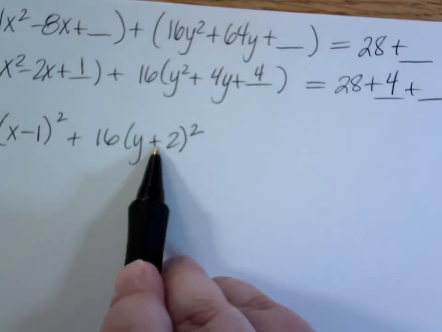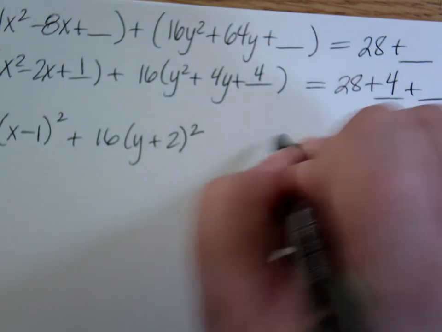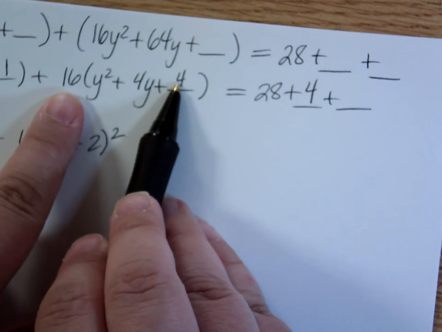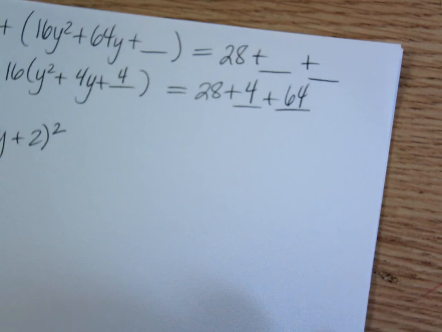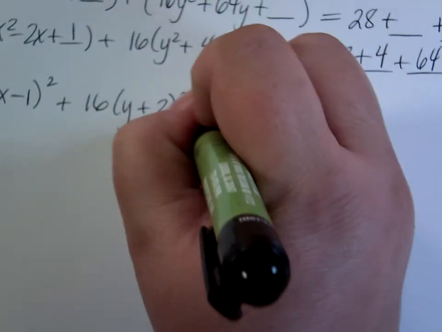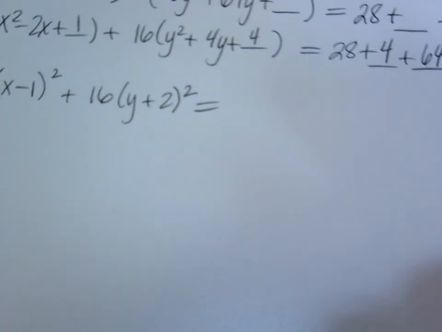Remember that this number is going to have the same sign as the b term did. And since I added a 4 here, that really was adding a 16 times 4, which is a 64 to the left-hand side. So I went and added a 64, 16 times 4 to the right-hand side. Let's see what that gives us. 32 plus 64 is 96.